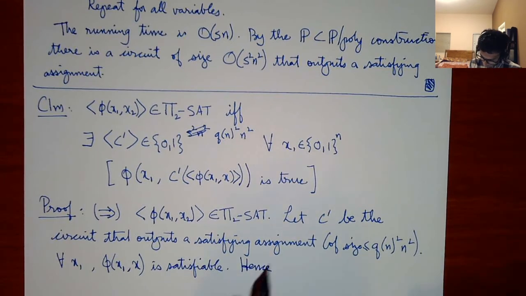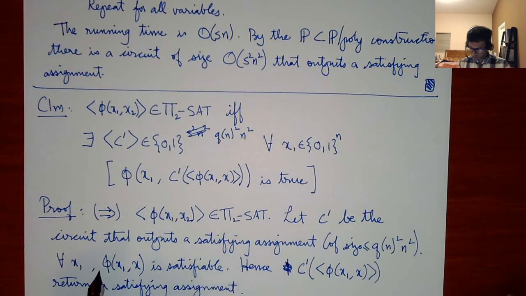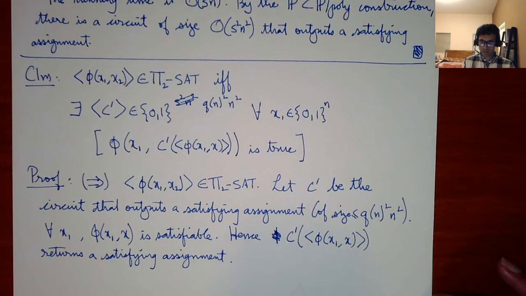Hence, C prime on phi x1 comma x returns a satisfying assignment, because this is satisfiable and C prime is that circuit.